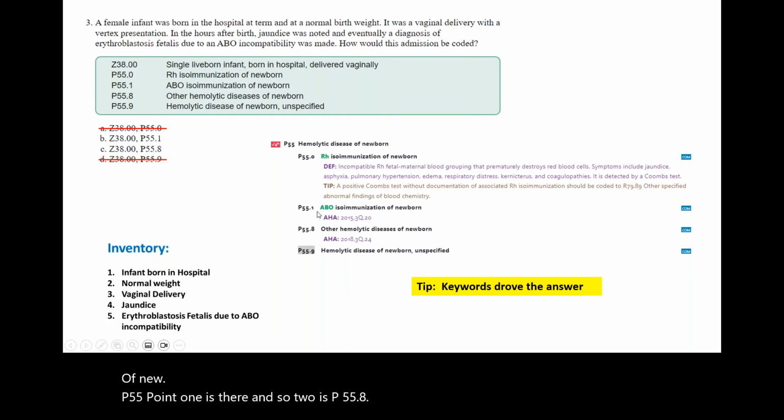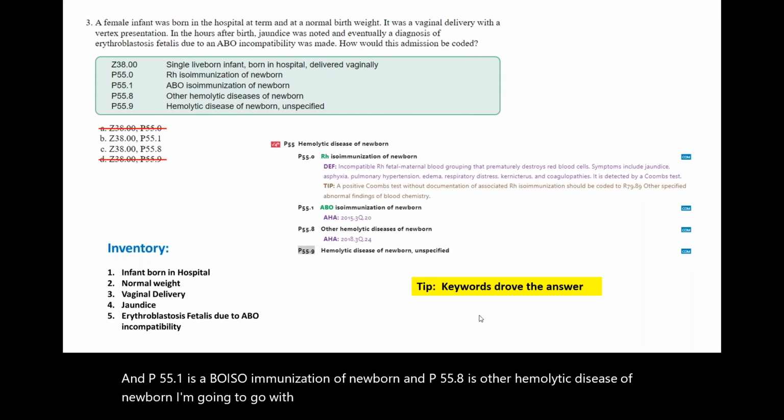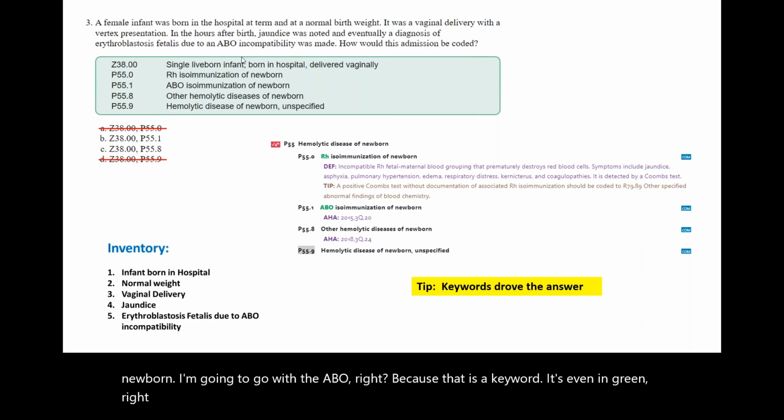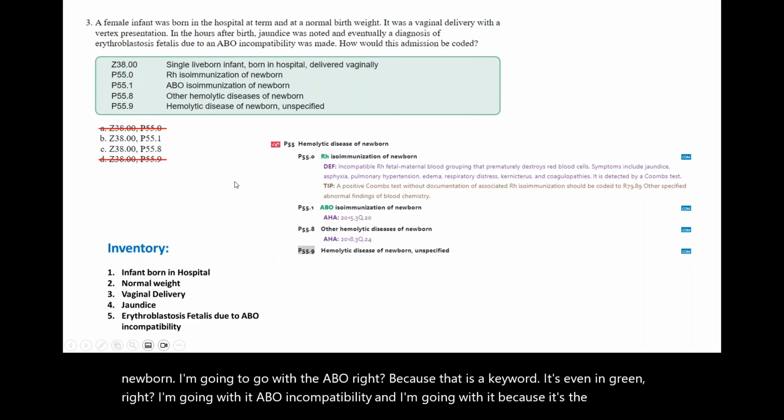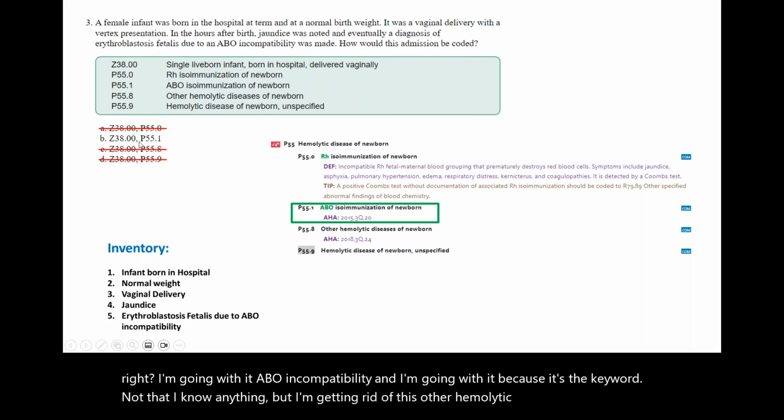P55.1 is ABO isoimmunization of newborn, and P55.8 is other hemolytic disease of newborn. I'm going to go with the ABO, right? Because that is a keyword. It's even in green. I'm going with ABO incompatibility because it's the keyword. Not that I know anything, but I'm getting rid of this other hemolytic disease, and I'm going with my keyword.